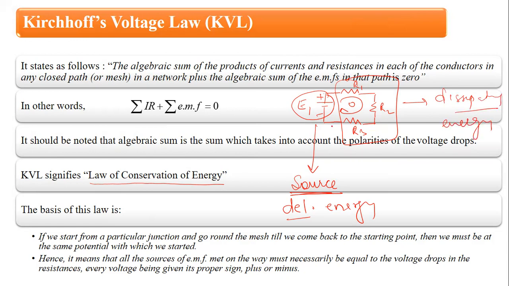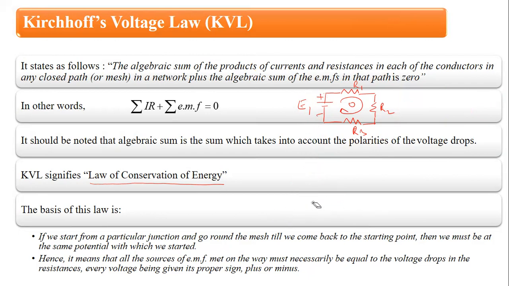So that energy is basically conserved. Whatever energy is delivered is being dissipated or utilized by the circuit elements. Now there are two things in this particular network, if you have observed. One is that there is a source which is connected and used to deliver the electrical energy to the network, and there are three resistances.